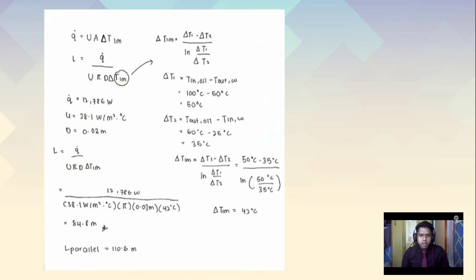L sama dengan Q divide by U pi D perubahan T. So masukkan Q dia 12.786 bahagi dengan U dia 38.1 darab dengan pi darab dengan D dia 0.03 darab dengan perubahan T yang kita buat tadi yang 42 darjah Celsius tu. So kita dapat 84.8 meter. So L parallel dia sama dengan 110.6 meter.